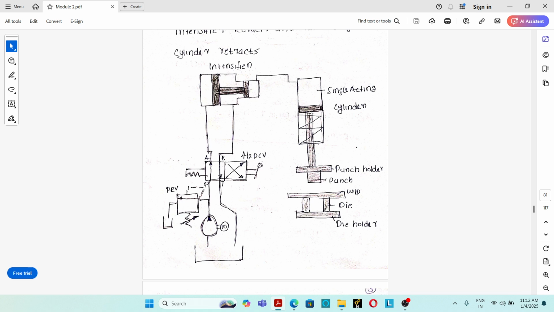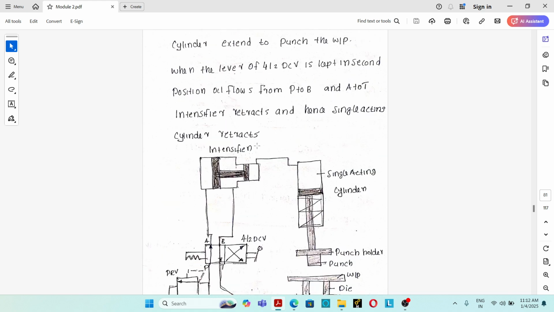At the same time, in the high pressure chamber, the piston is also moving in the backward direction. The spring exerts a force over the piston in the actuator, and the piston will move in the upward direction. The hydraulic oil will be returned to the high pressure chamber. So this is the application of a single acting pressure intensifier.